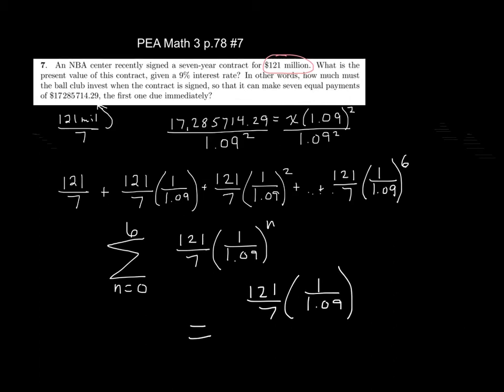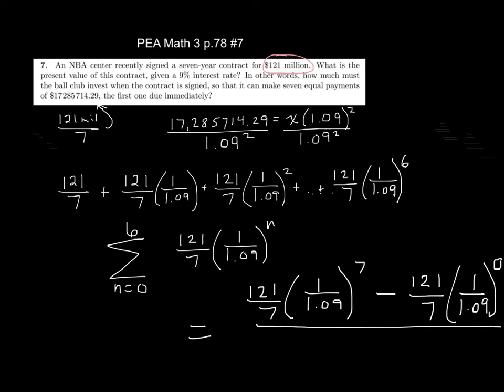And how many terms do we have? 7 minus the first term, which is just the 0 power, right? And this is the tricky part. What are you dividing by here? Minus 1. Yeah, 1 over 1.09 minus 1.